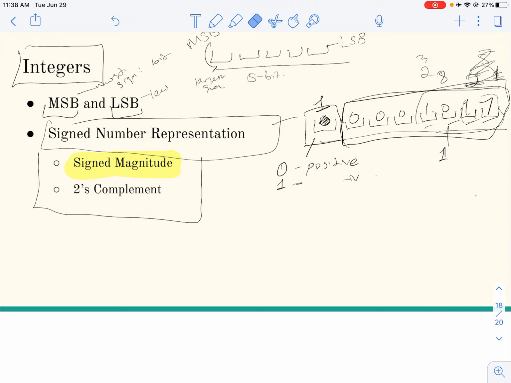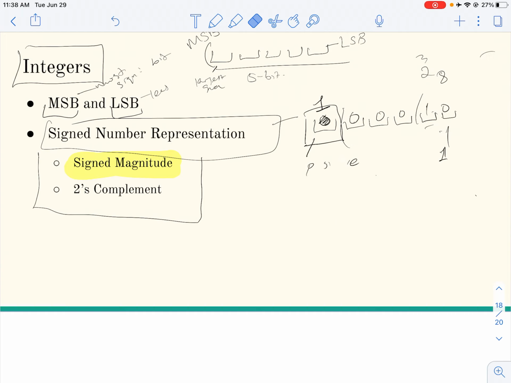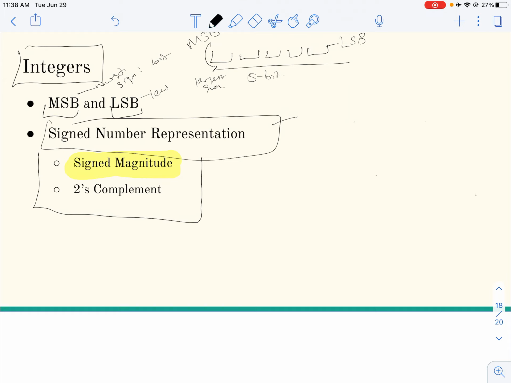One thing else to cover with signed magnitude is the space of numbers I can represent given I have an n-bit amount of space. Right?